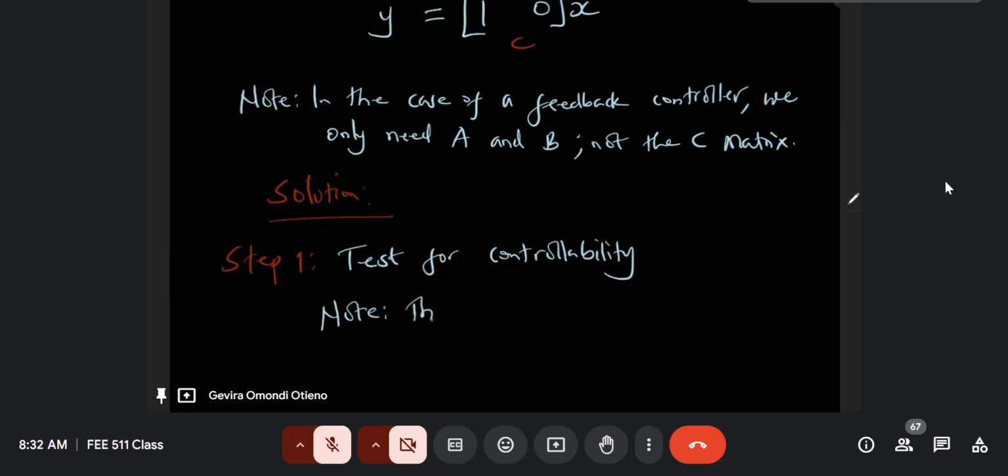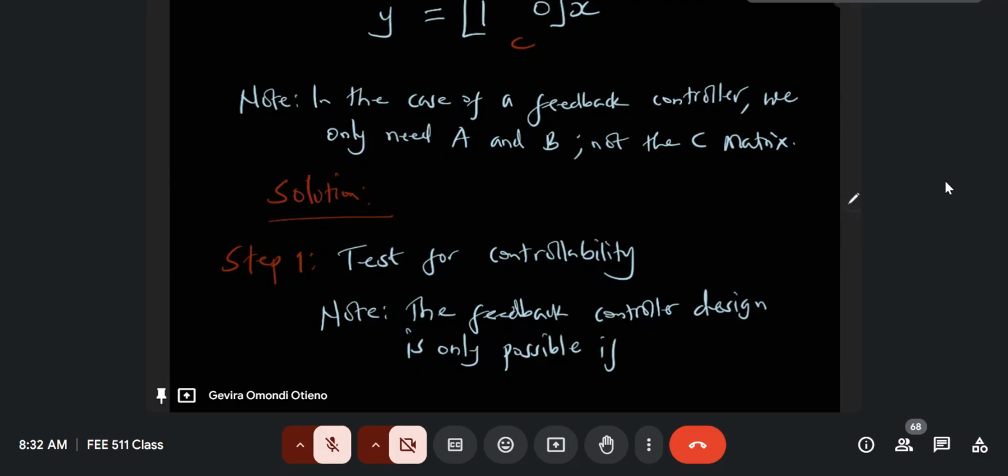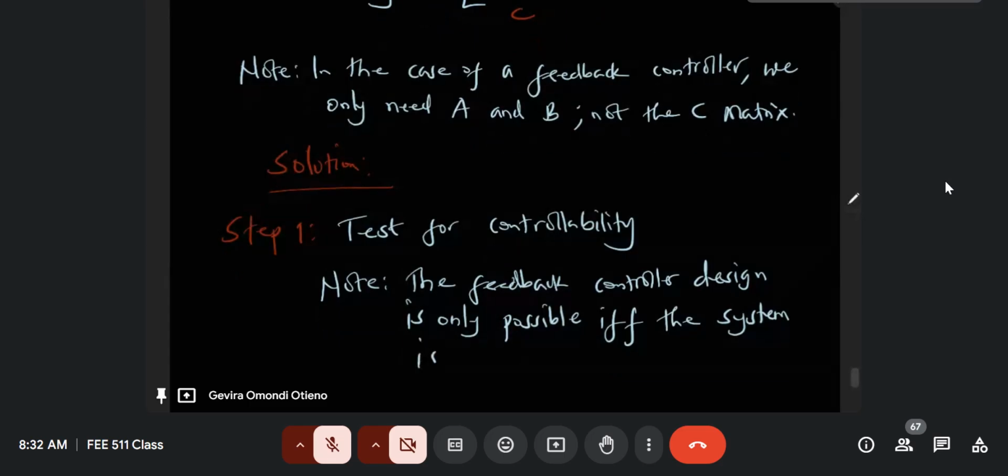Because, let me just indicate it as a note, the feedback controller design is only possible if and only if the system is controllable.